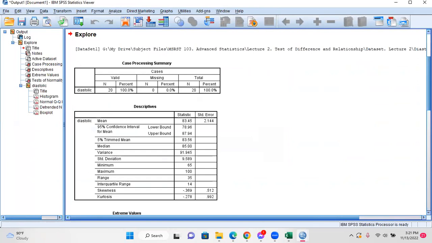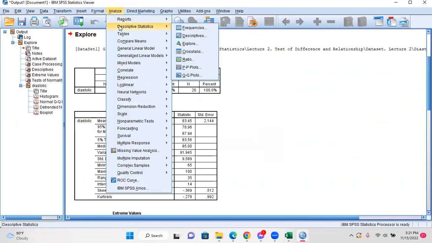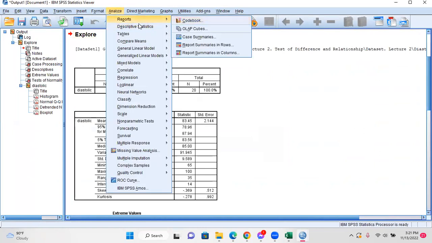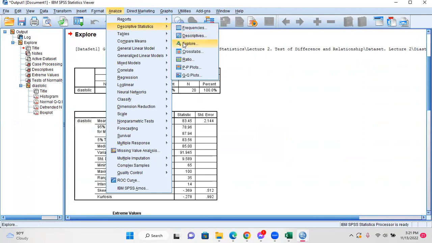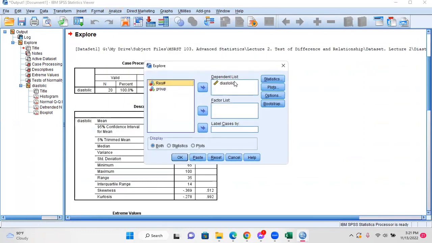Ma'am, sorry po. Pwede po pa-balik doon after outliers po. Sige. Okay. Descriptives. Explore. Ito tayo sa reset natin. Diastolic, dependent. Tapos statistics.